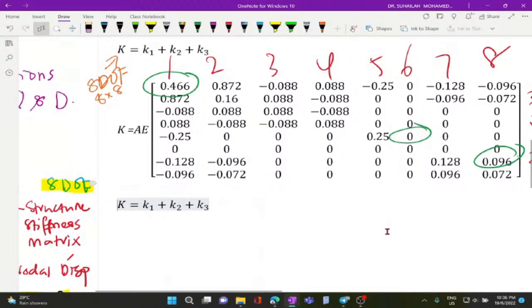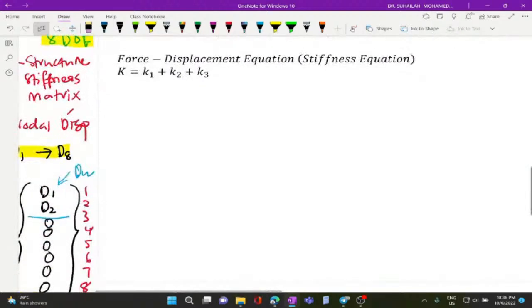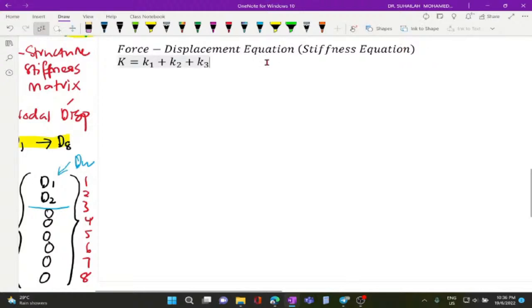Okay, it is the stiffness equation, or force-displacement equation. This is also called the stiffness equation. So what is the equation?